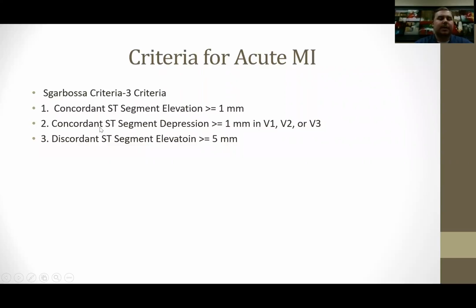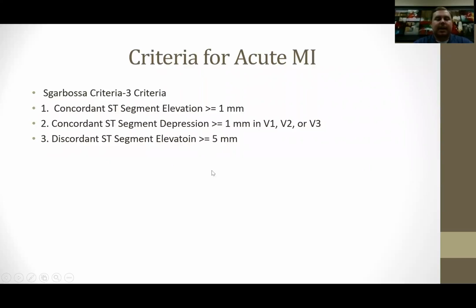Criteria 2 is concordant ST depression. So in leads V1, V2, and V3, you're always going to have a dominant S wave on a left bundle branch. So if you have that dominant S wave and then you have ST depression associated with that, that's Sgarbossa criteria 2. And then the third one, which was the least sensitive, was discordant ST elevation greater than 5 millimeters.